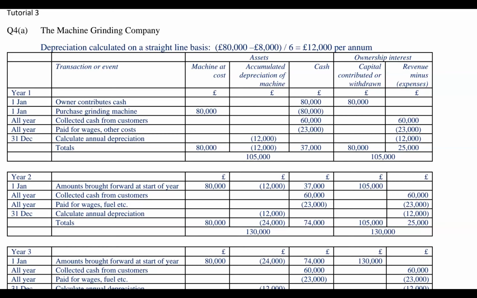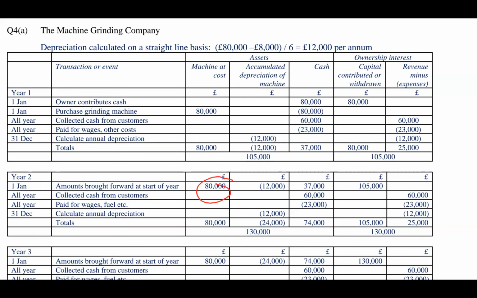The amount brought forward at the start of the year for the machine cost was 80,000. You just get this last line, the one that you ended with. And the last figure on the owner's equity is 105. That's the total you start with.